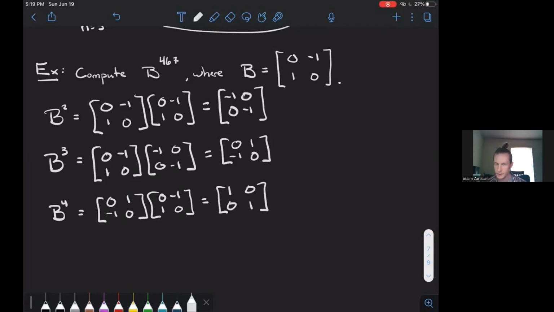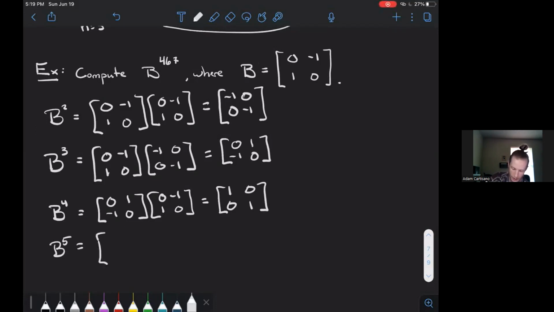Now, for all the times you've heard the word identity in math, remember what it means. The identity matrix is the scalar matrix where the scalar is 1. This is the 2 by 2 matrix that, when you multiply it by something that has 2 columns, does nothing to the matrix. You get the original matrix back. So b to the 5th is just b.